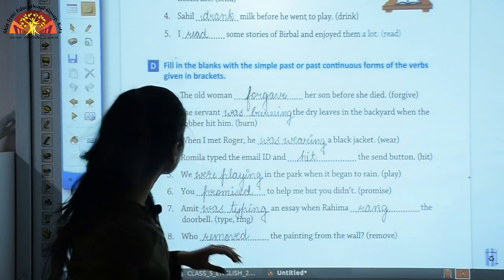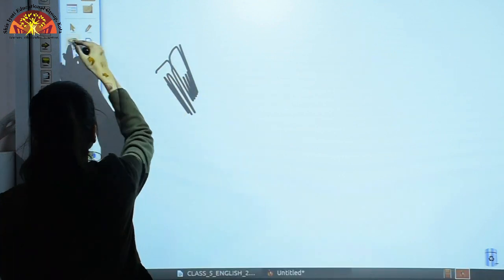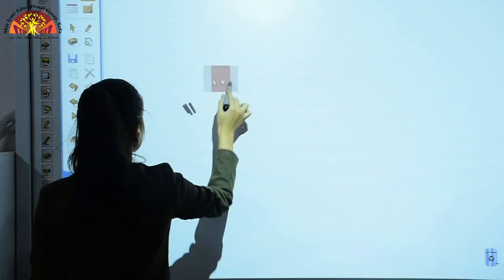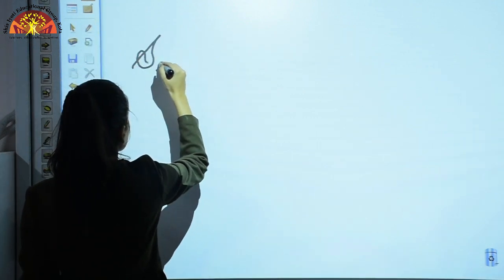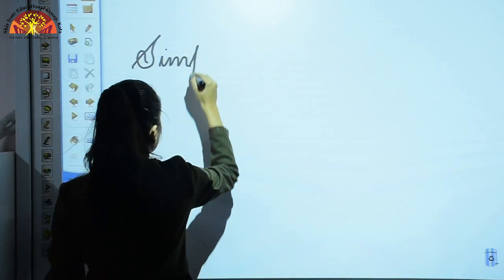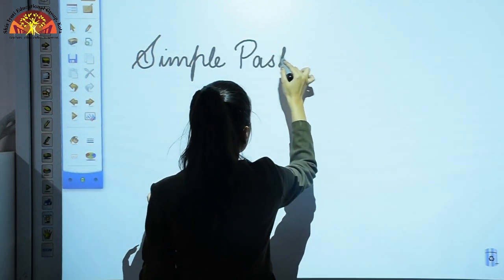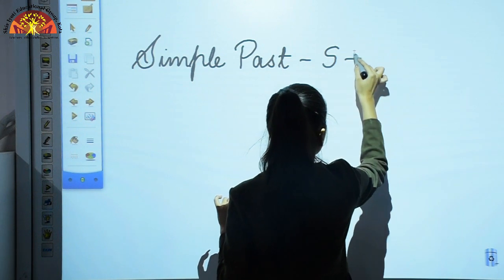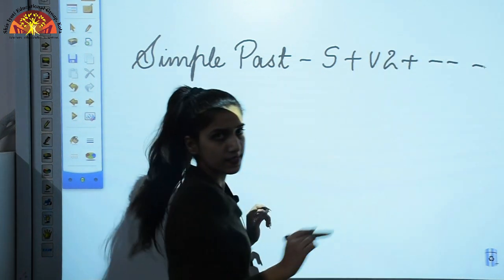As I have told you, for simple past it is subject plus the second form of the verb plus the rest of the sentence.